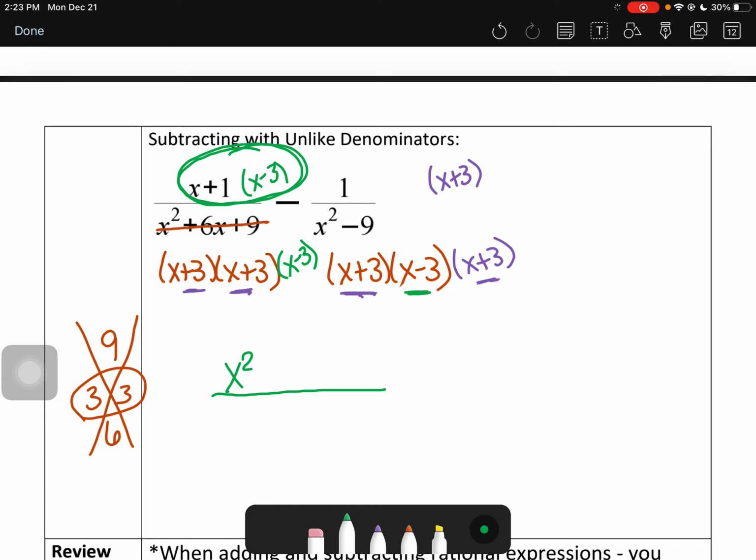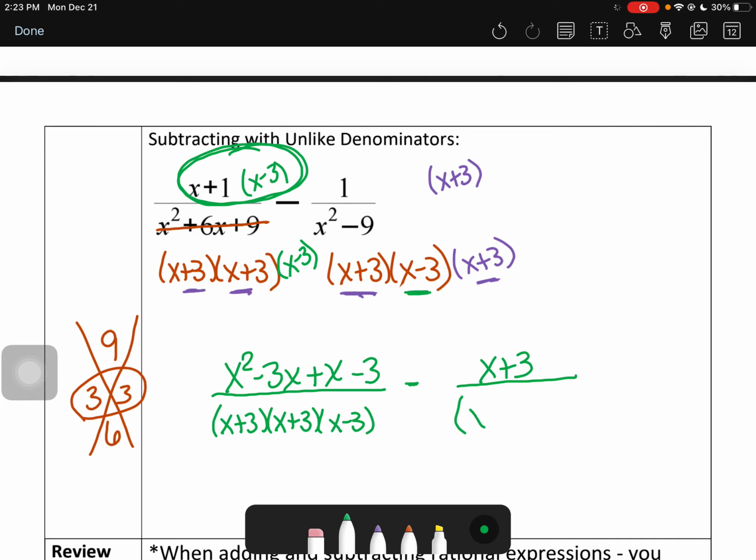So we have x squared, and then we have minus 3x, plus x, and minus 3. And all of that is over x plus 3, x plus 3, and x minus 3. Then we have minus 1 times x plus 3 would be x plus 3, and the denominator is the same, x plus 3, x plus 3, and x minus 3.